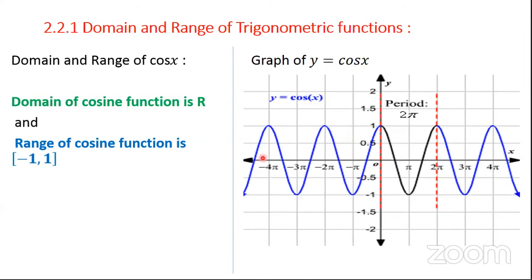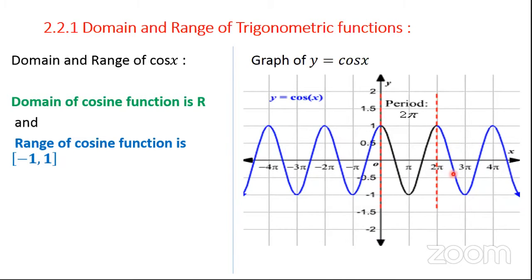That means for the sine function and the cosine function, for both, the domain is the real number set R and the range is -1 to +1. And the third point is related to the period of the cosine function. Now see, from 0 degree to 2 pi, we have this black color curve, one pattern of curve. And again, if we go from 2 pi to 4 pi, we get the same pattern.